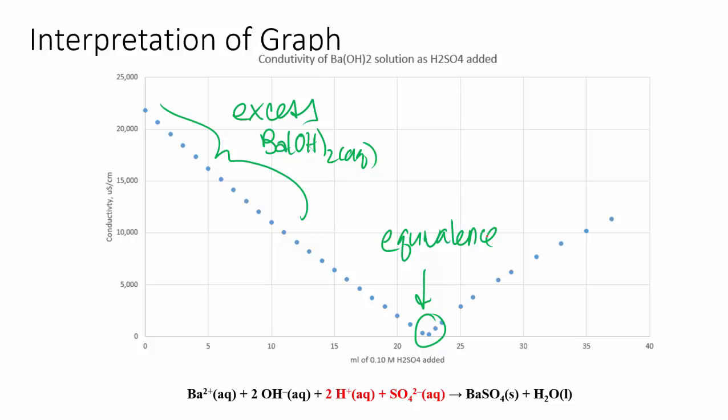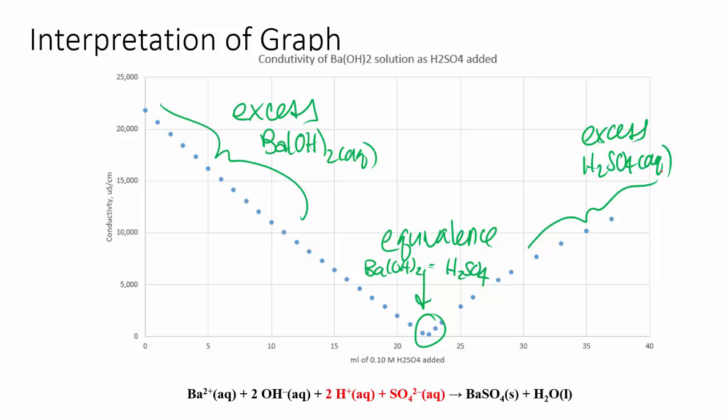And this is the point at which the moles of barium hydroxide that we had to begin with is equal to the amount of sulfuric acid which we added. And then over here, the second region is where we have excess sulfuric acid. So again, these regions conduct electricity well. Over here, it's because there's hydrogen and sulfate ions floating around. In this area, it's because we have free barium and hydroxide ions.